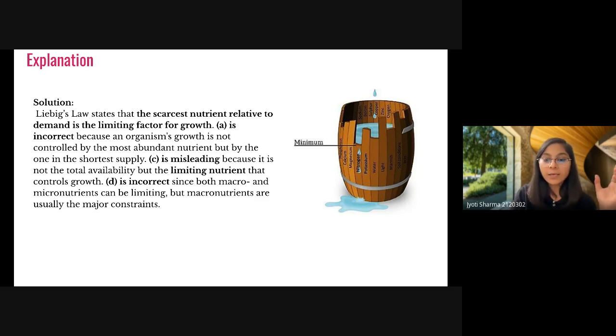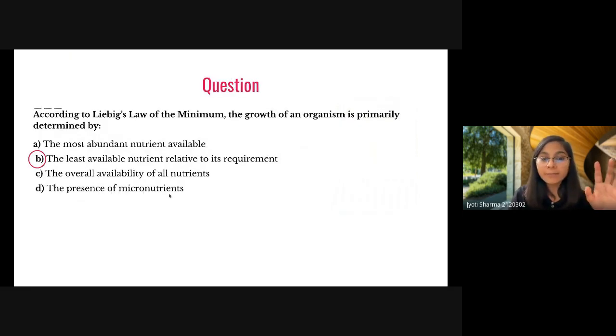Most of the time this is a micronutrient, but it may or may not be. Micronutrients are always present in less quantity, but it doesn't mean that the organism also needs them in higher quantity. So that will give you the law of the minimum.